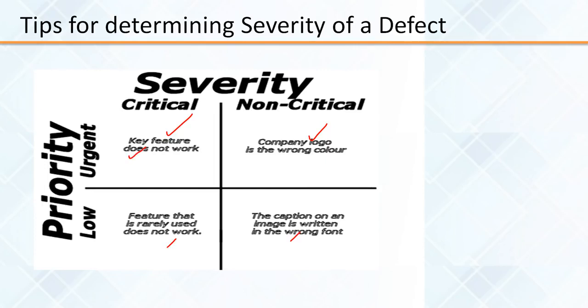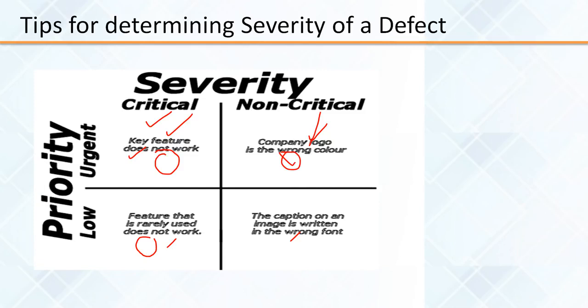Sometimes it is very urgent, but not critical. Sometimes the priority is very low, but it is more critical. And sometimes our defect is very low and also not critical. So our defect will land in any one of these areas.